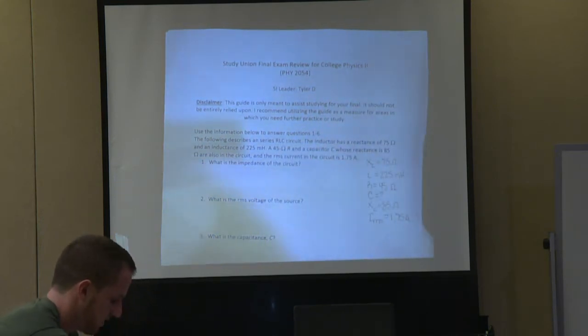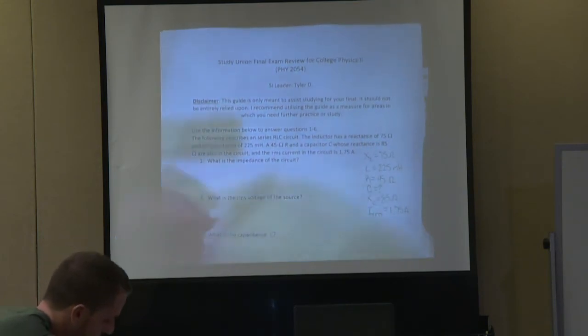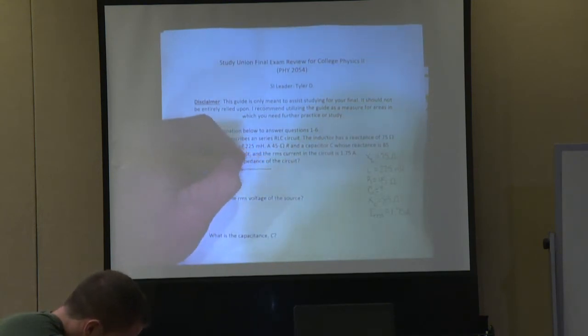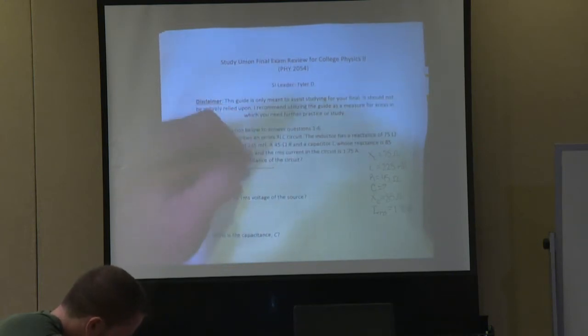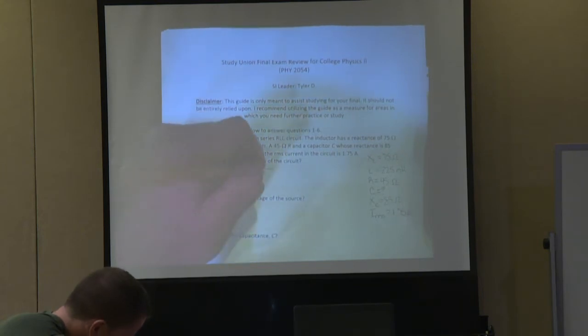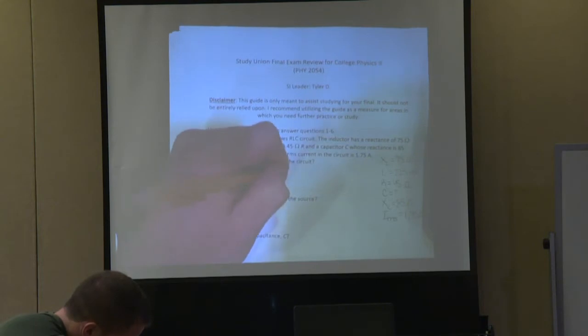So the first question is asking what the impedance of the circuit is. And the formula for impedance is Z equals the square root of R squared plus (XL minus XC) squared.